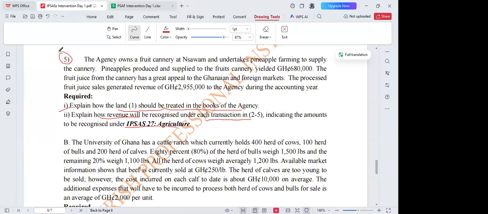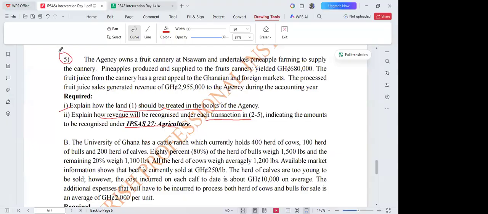So read that question, the last one, the fifth one. The agency owns a fruit cannery at Sawini and undertakes pineapple farming to supply the cannery. Pineapples produced and supplied to the fruit cannery yield 680,000. The fruit juice from the cannery has a great appeal to the Ghanaian and foreign markets.